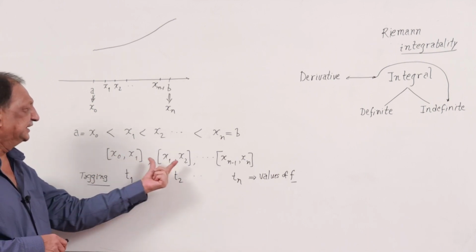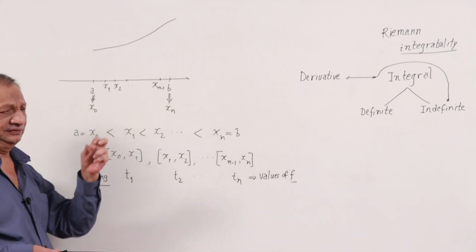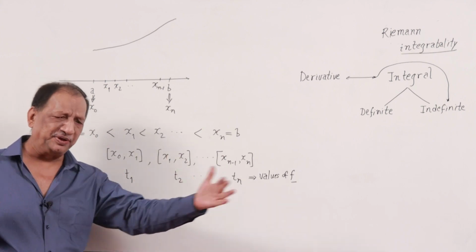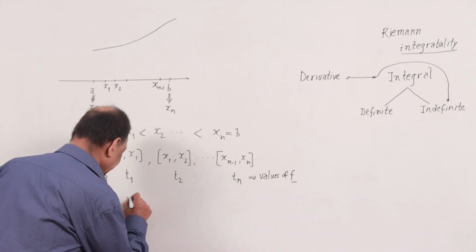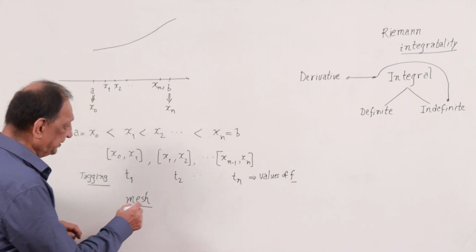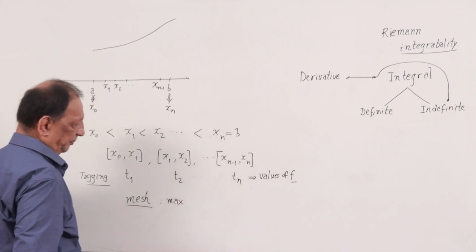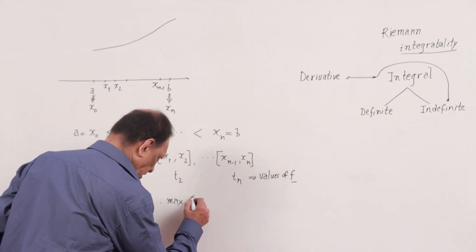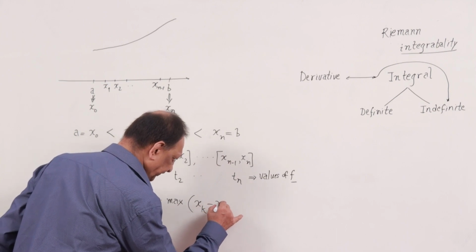Now the second assumption is that these intervals are not necessarily equal size. Intervals may be different sizes also. So we specify what is known as a mesh. Mesh is the maximum width of an interval, the maximum value of xk minus xk-1.